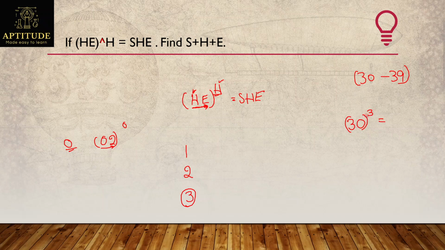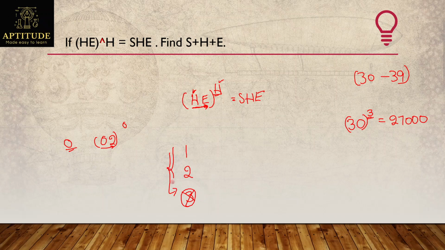And if I do 30 cube, will I get a 3-digit number? No. Obviously, I won't get a 3-digit number, because this value will be 27,000. So I'll get a 5-digit number but not a 3-digit number, which means I should not take cubes. So by that I can eliminate; my value should be less than 3. I cannot take H value more than 3.